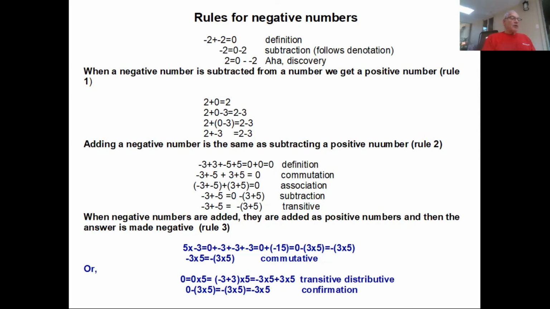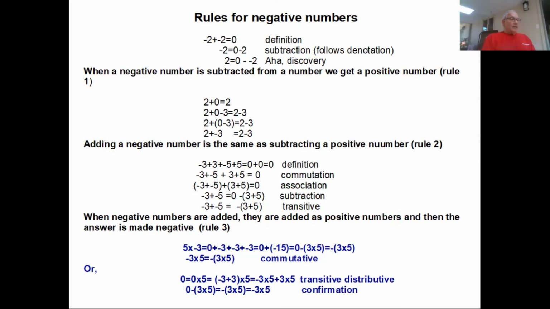Now, there's another way we could do that using the distributive property. 0 is equal to 0 times 5. 0 can be replaced by minus 3 plus 3. Use the distributive property, and we get minus 3 times 5 plus 3 times 5.